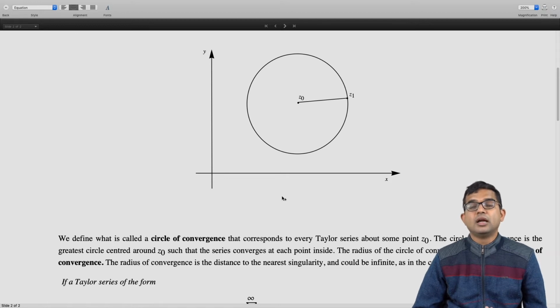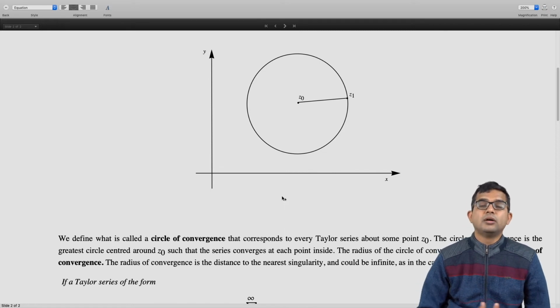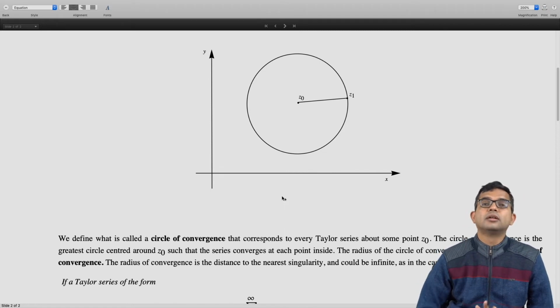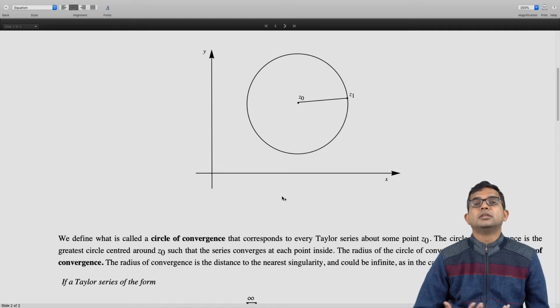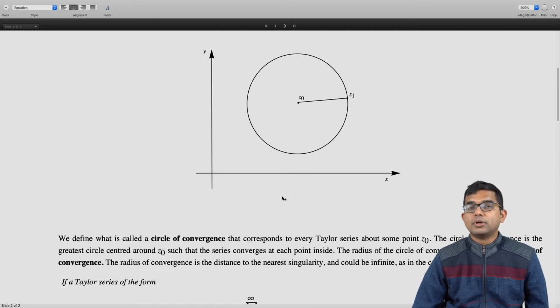We have seen that a classic example of an entire function is of course e to the z. Now e to the z has this expansion which is valid about any point. Let's say you're looking at it about the origin, then this expansion will converge no matter what finite value of z you take, right?